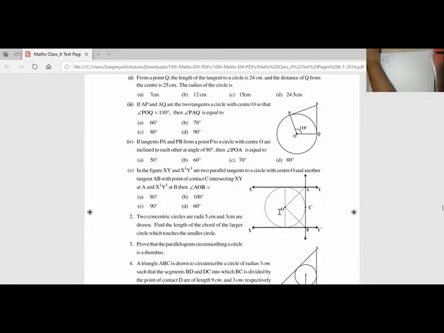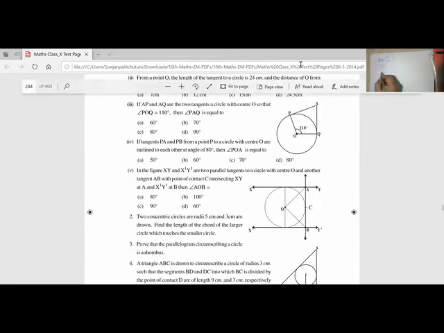So let us see in this figure. XY and X dash Y dash are two parallel tangents to a circle. Parallel means they are opposite ends of the diameter. Another tangent AB, with its point of contact, is intersecting XY at A and X dash Y dash at B. Then angle AOB is being asked.